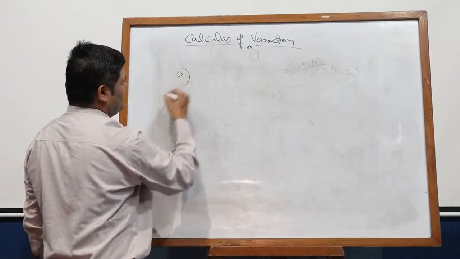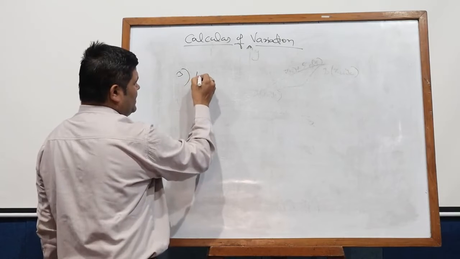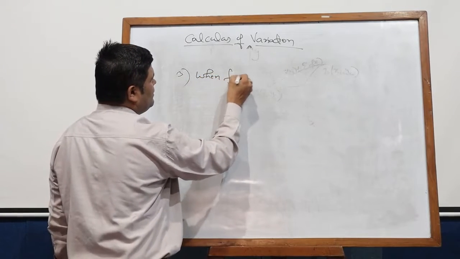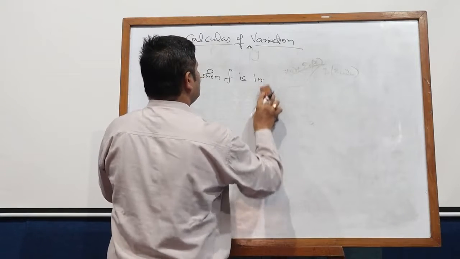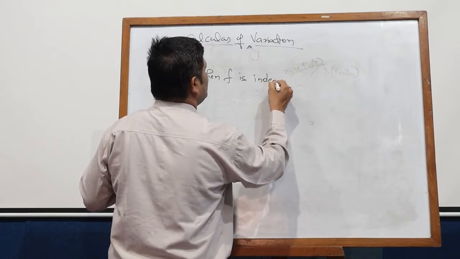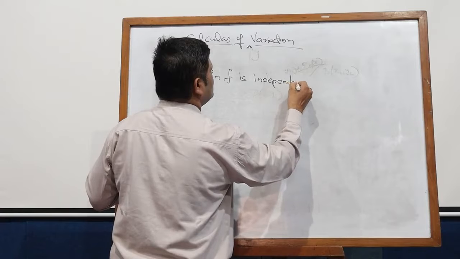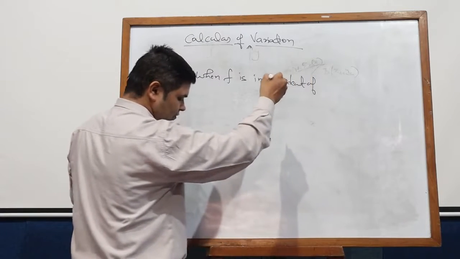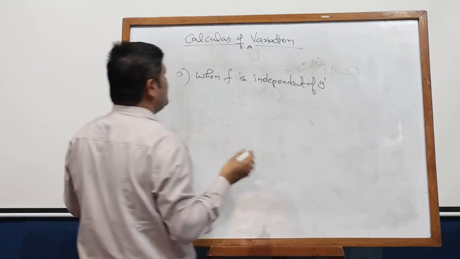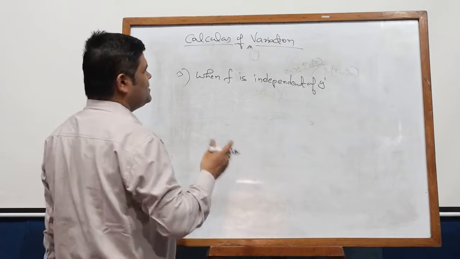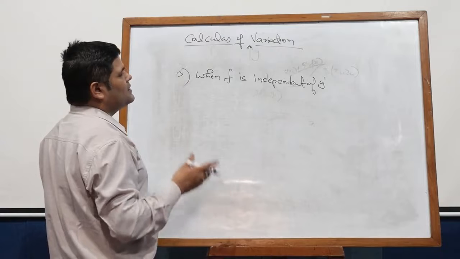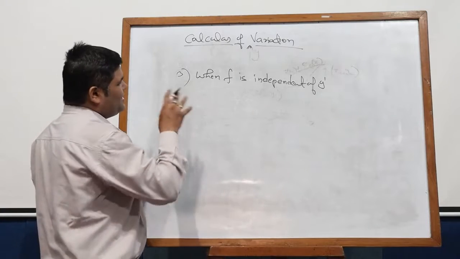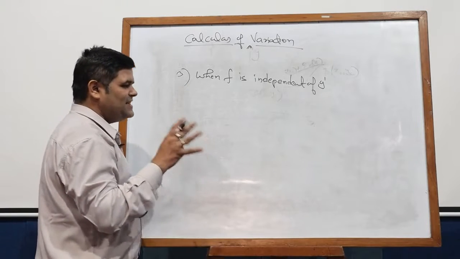After that, the third form is when f is independent of y dash. We have several functions: some are independent of x, some are independent of y, and some are independent of y dash. With these forms we can easily solve them.